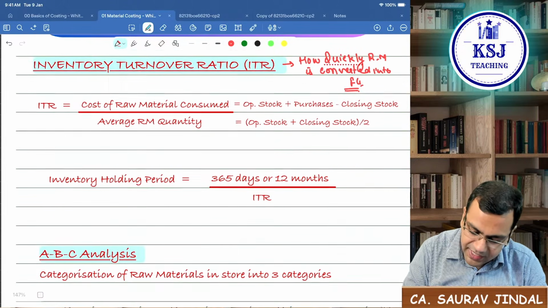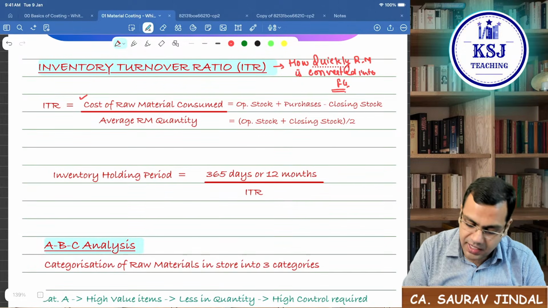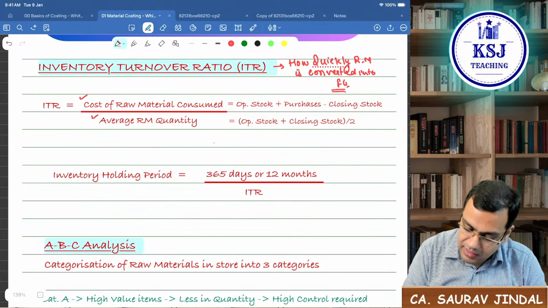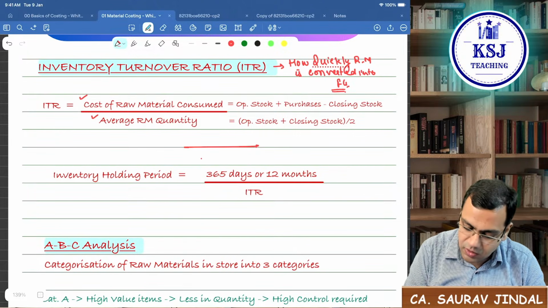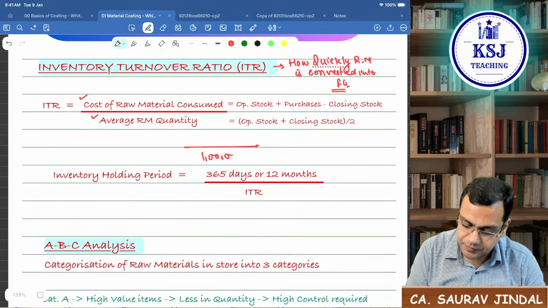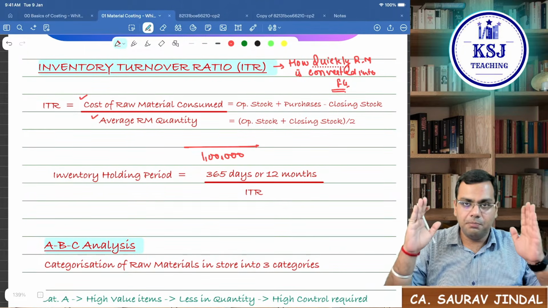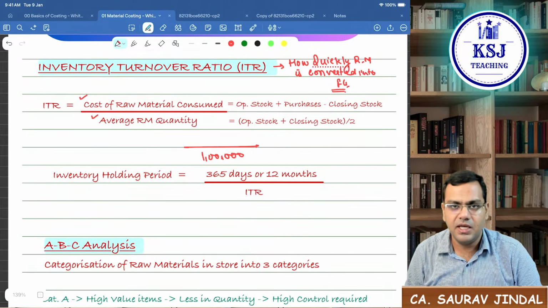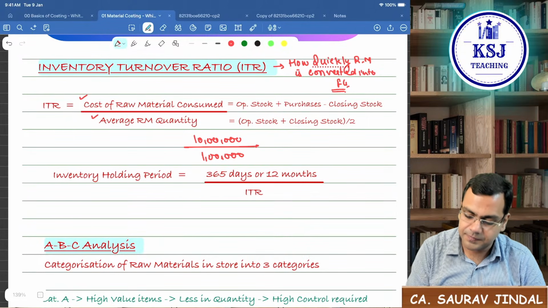Clear? So ITR is calculated as cost of raw material consumed divided by average raw material quantity. How, sir? I'm saying that on average, in my store, the raw material quantity is 1 lakh. And if I look at a particular period, it can be a year, a quarter, or a semi-annual period, I say the total raw material I have consumed is 10 lakh.